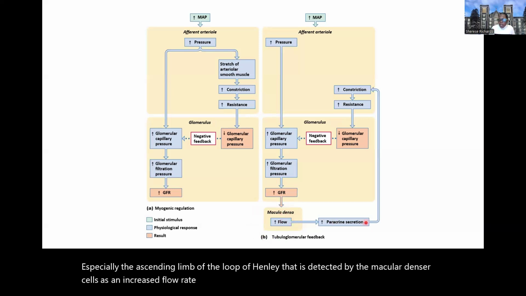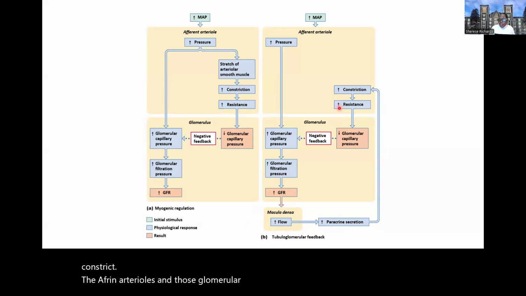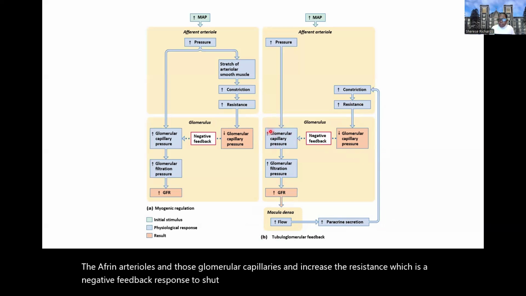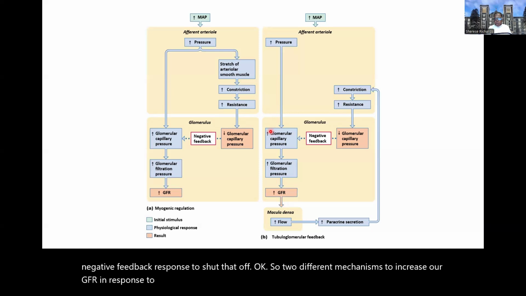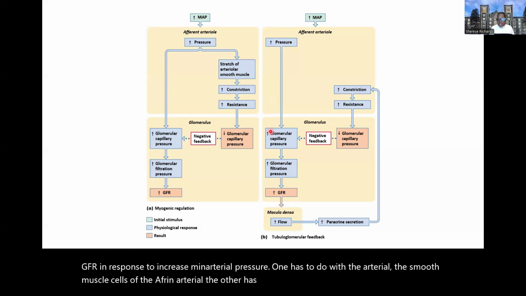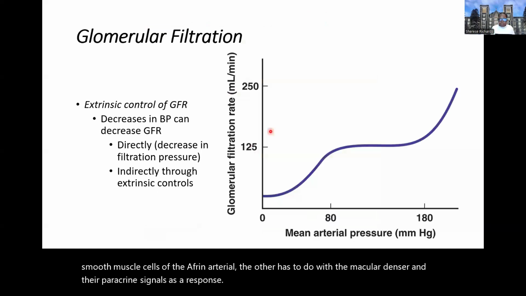And then the resulting response through paracrine signals is to constrict the afferent arterioles and those glomerular capillaries and increase the resistance, which is a negative feedback response to shut that off. Okay. So two different mechanisms to increase our GFR in response to increased mean arterial pressure. One has to do with the smooth muscle cells of the afferent arteriole. The other has to do with the macula densa and their paracrine signals as a response.